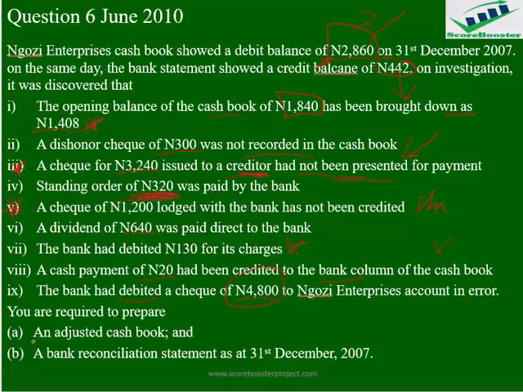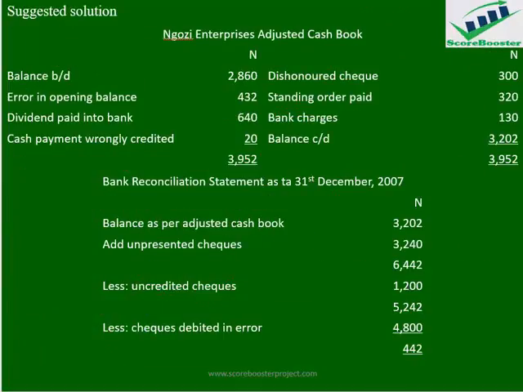You are required to prepare an adjusted cash book, and, I told you, prepare a bank reconciliation. The first thing we do is to look at the adjusted cash book. Now, the first thing is, I have the balance brought down in this adjusted cash book.